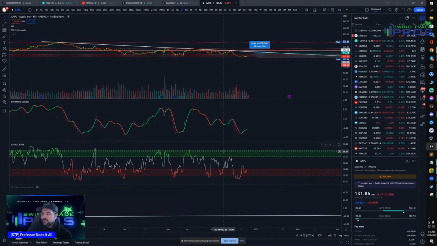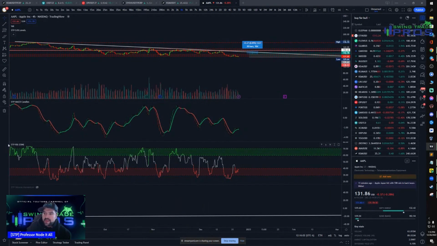I also like to use the STP RSI zone, which is really just an RSI, but we have it color graded. I'm a very visual person when I trade, so I like to reference things that are visual because it helps me make better trading decisions.